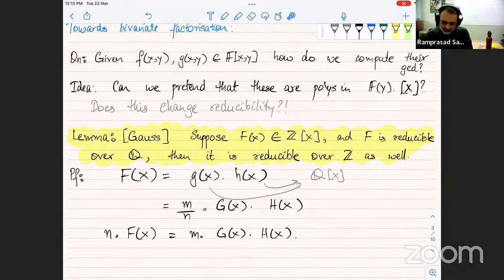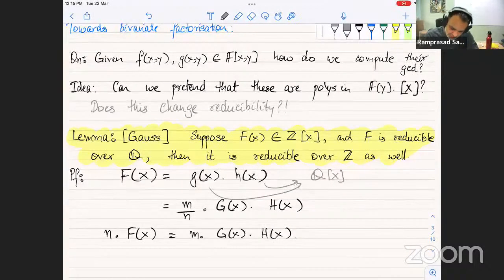I want to claim that if I look at this polynomial, forget the m outside. If I just look at g of x times h of x, I want to claim that there is no non-trivial integer that divides all the coefficients in the product polynomial g of x h of x. This is often called a name.